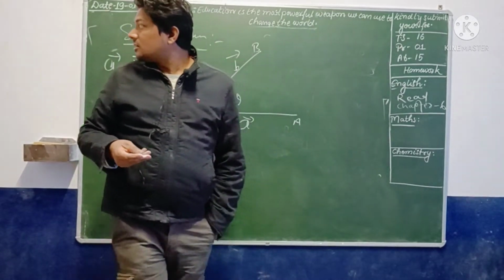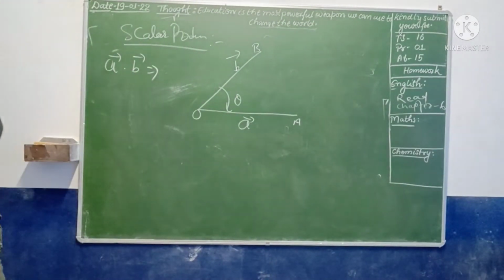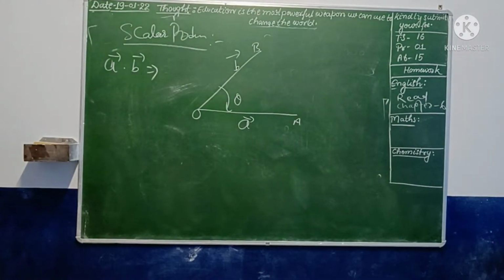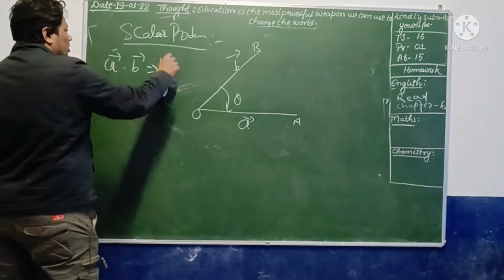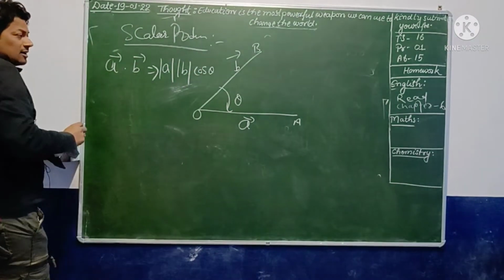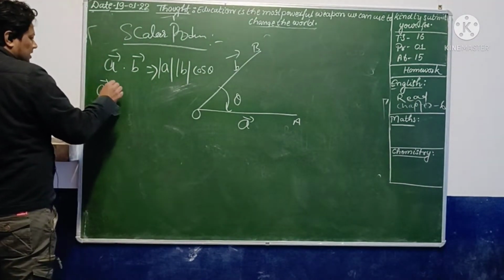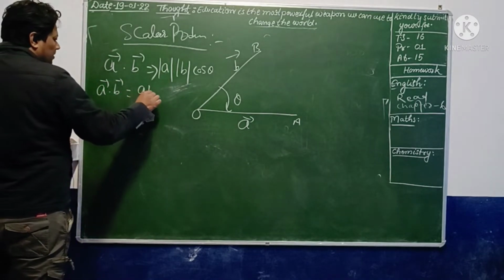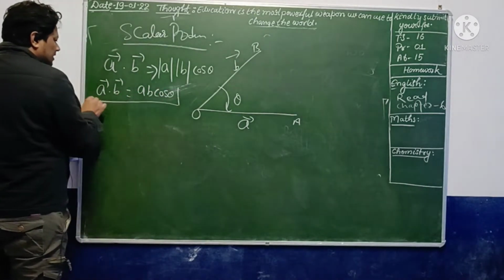That is, A dot B is equal to AB cos theta.